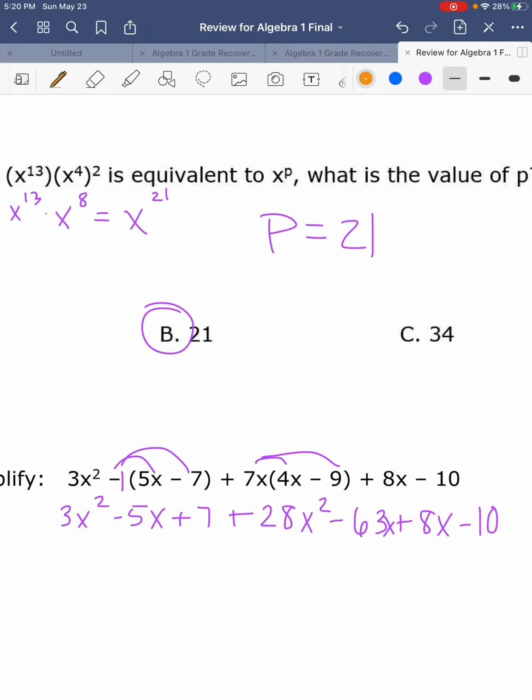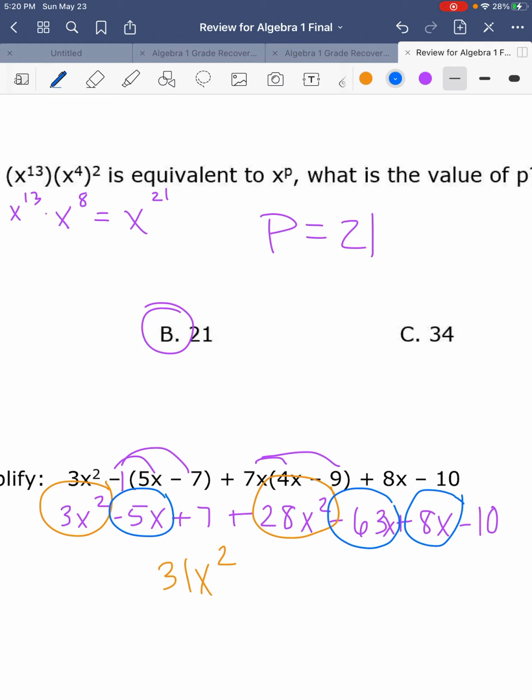So now we're just going to find the like terms. I'm going to start with my x squared, so these two. Those will be combined. So 3x squared plus 28x squared is 31x squared. Then I can go on to just my x's, so -5x, -63x, and +8x.